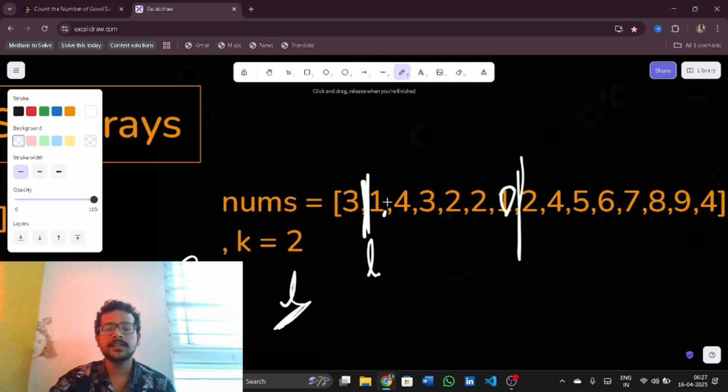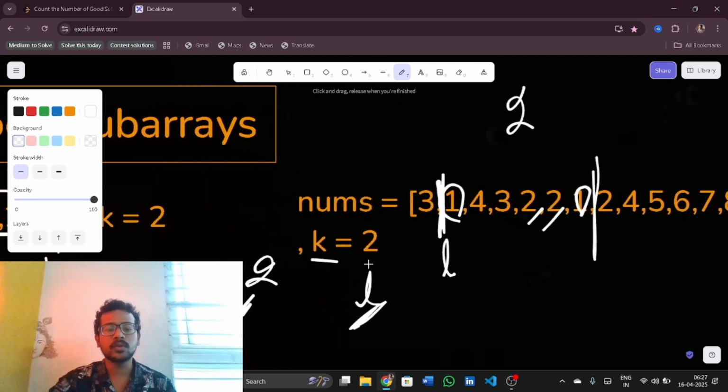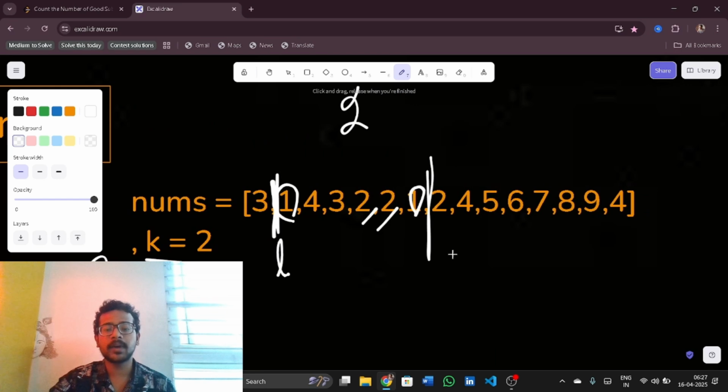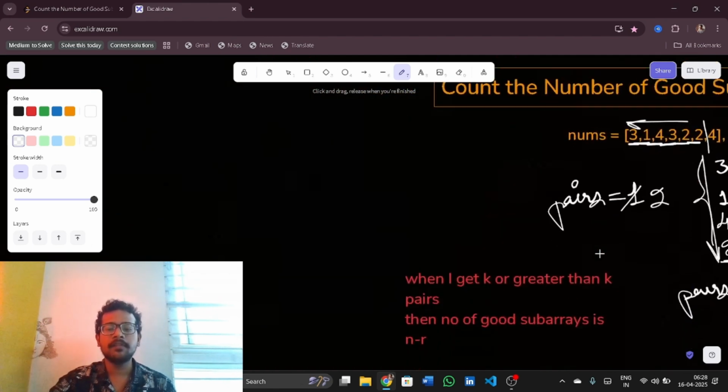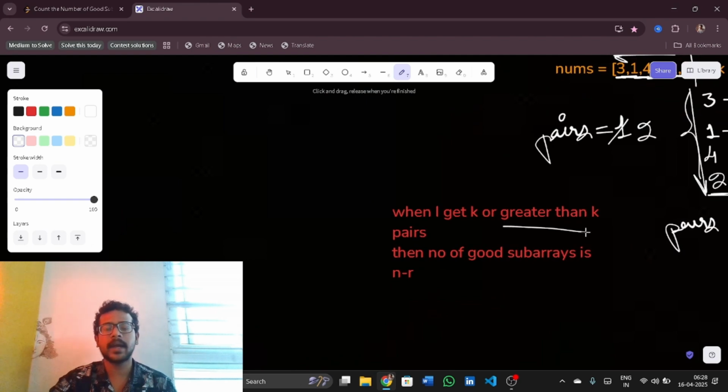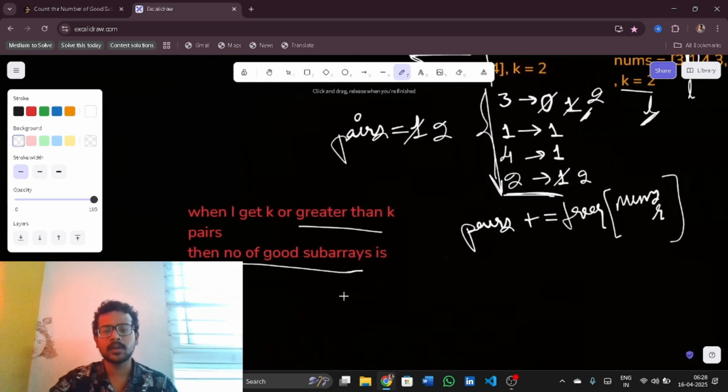This one and this one make a pair, so one pair till now. This two and this two create another pair. So totally two pairs, and here k is equal to 2. So what are the good subarrays? I can get them by including this element in the subarray, and then this. That's why even when I get greater than k pairs, the number of good subarrays is n minus r. This is the whole intuition to get the total number of good subarrays.